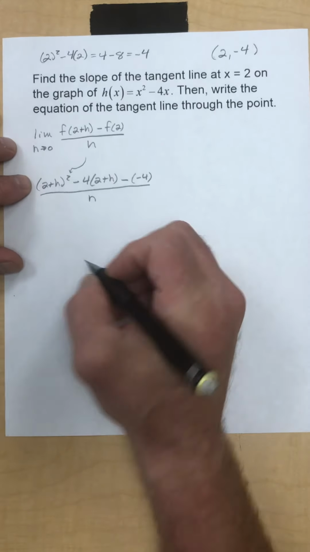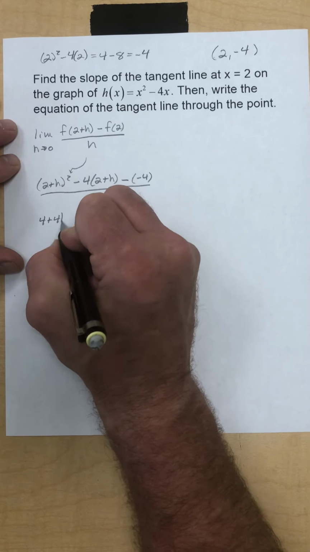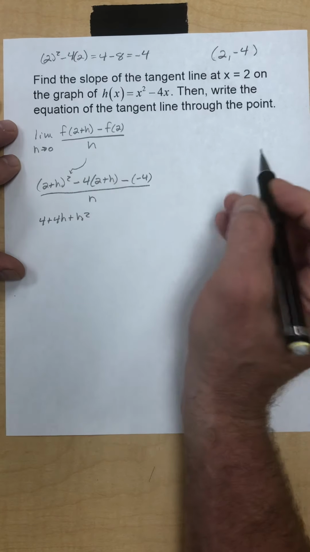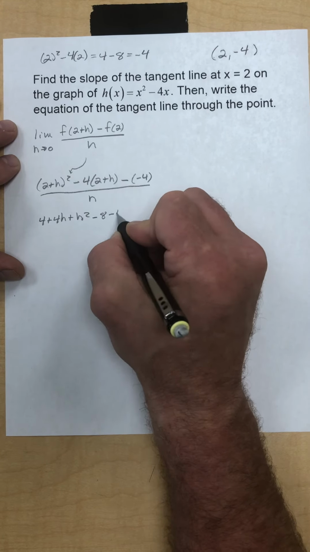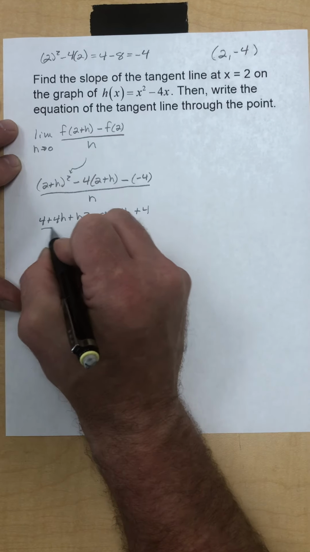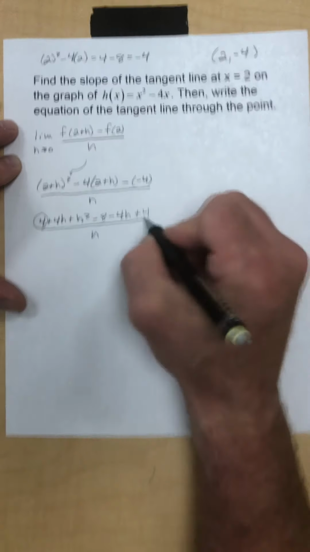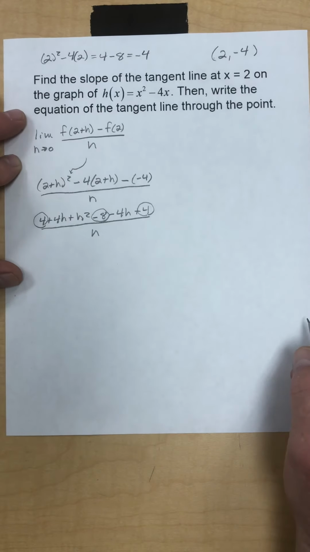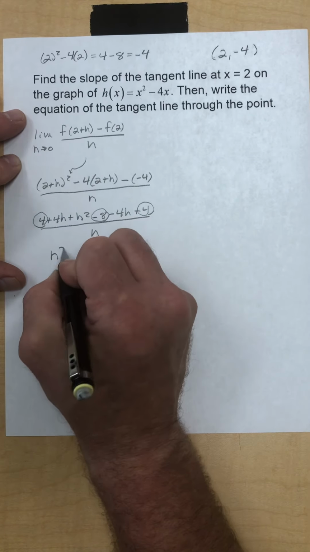So I just have to simplify this. Let's expand the 2 plus h squared. So I get 4 plus 4h plus h squared. Distribute the -4, so I get -8 minus 4h, and then obviously this is plus 4, all over h. Notice this 4, along with that 4 and this -8, cancel each other out, so I'm left with the h squared.